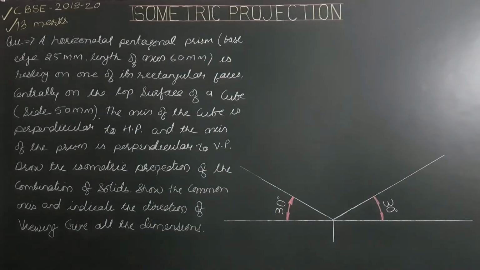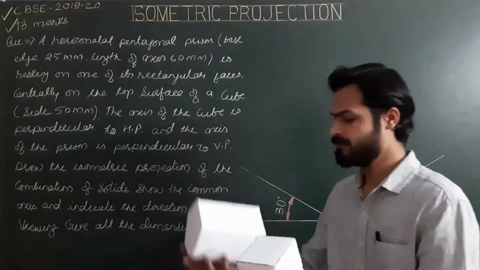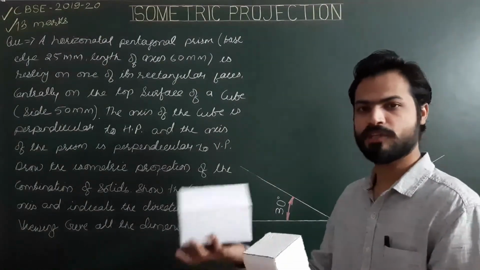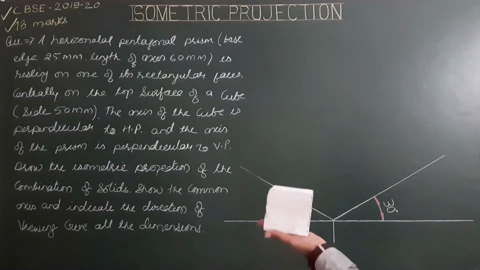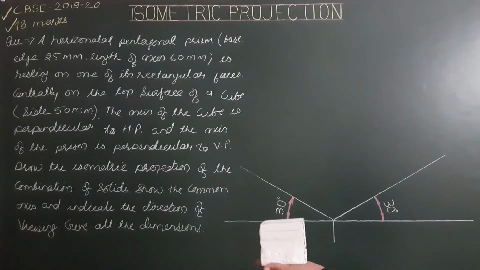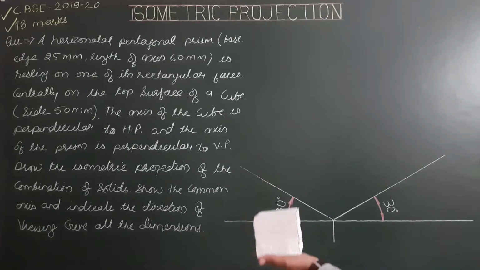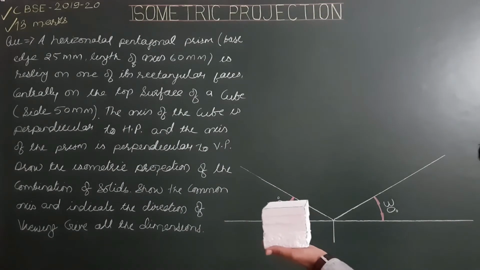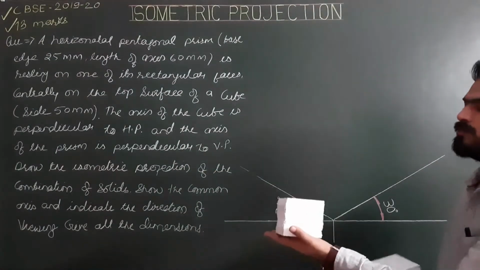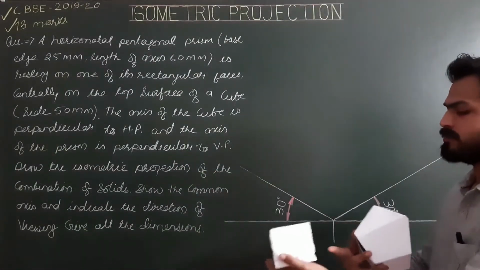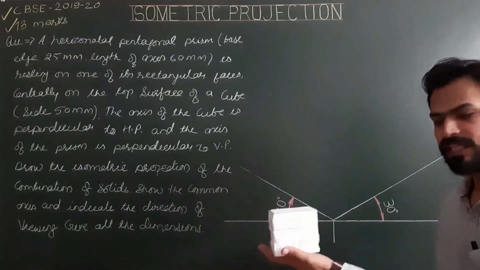Here two solids of the combination are cube and a pentagonal prism. Now the cube is resting on one of its bases, the square base, on the HP, and the axis of the cube is perpendicular to HP. See, in the cube all three center to center lines are axes, all are same.